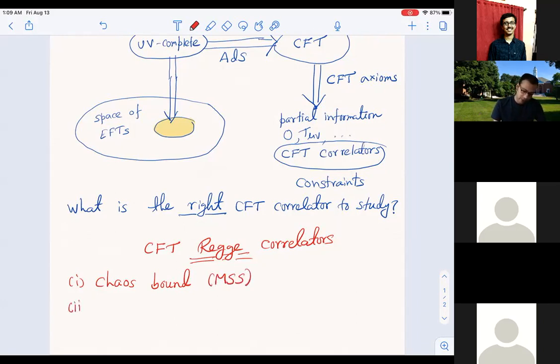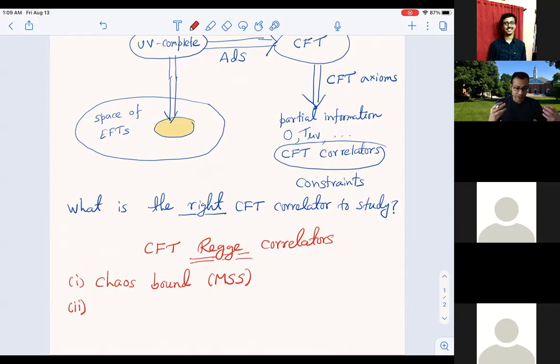The second reason is, let's say we derive some constraint by studying this CFT Regge correlator. So the CFT Regge correlator, for theories that are dual to AdS effective field theories, describes high energy scattering deep in the bulk.